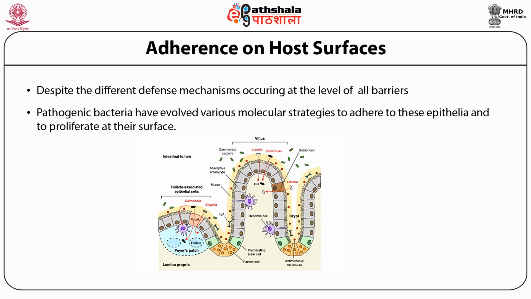Most of the pathogens enter through the wide surface area of approximately 300 to 400 square meters of respiratory, digestive and urogenital mucosa, and thus constitute major sites of contact with bacteria.